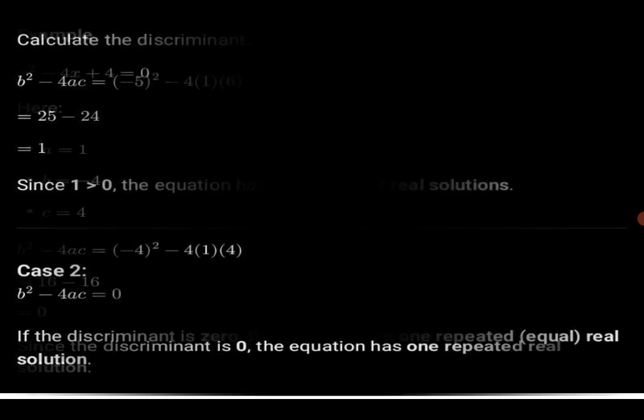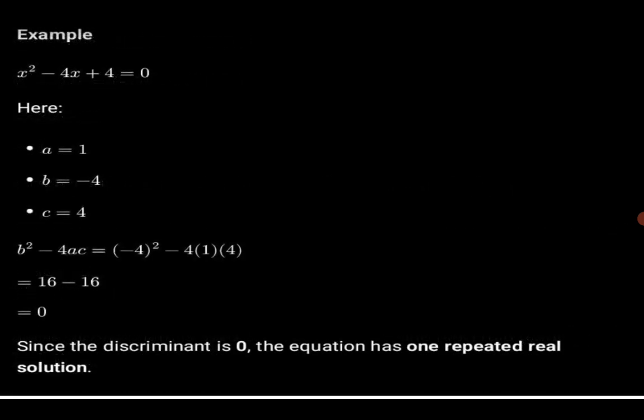For instance, in the equation x squared minus 4x plus 4 equals 0, a is equal to 1, b is minus 4, while c is positive 4. So substituting into our discriminant, minus 4 squared is 16. 4 times 1 times 4 is 16 also. So when you subtract the 2, you get 0. So since the discriminant is 0, the equation has one repeated real solution.